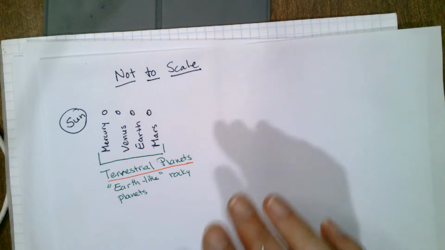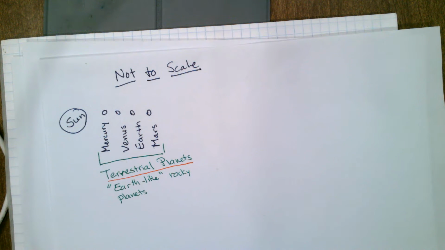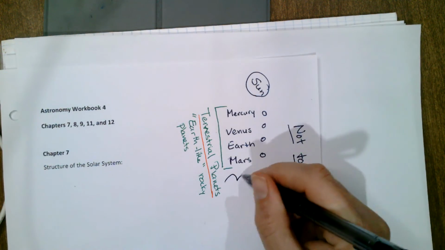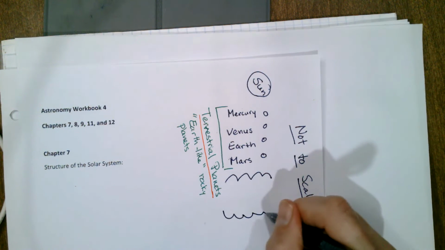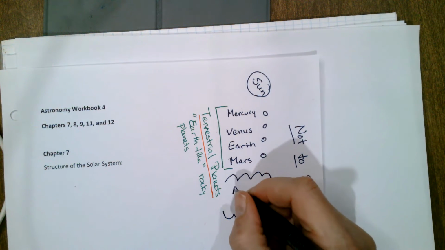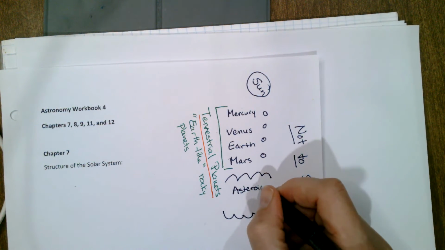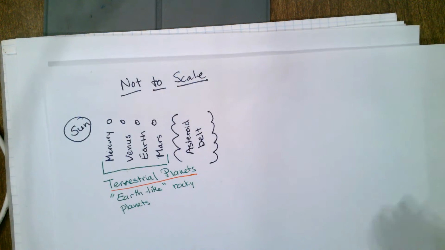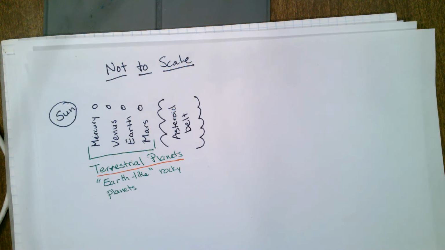Next out from that is this zone between Mars and Jupiter, which is known as the asteroid belt. An important point here: these are rocky or metallic objects.